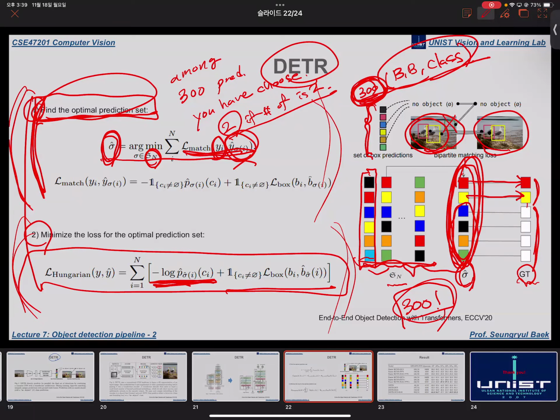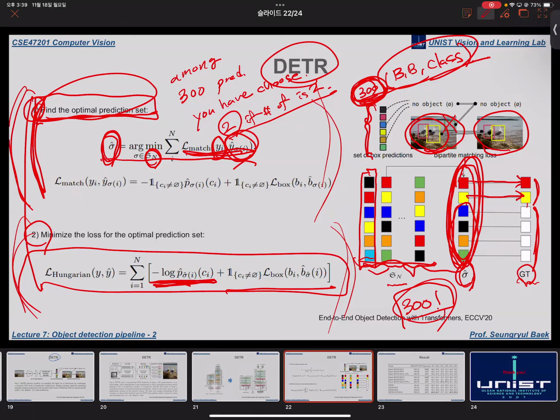But what actually happens during training is you choose the selected predictions that best match your ground truth. Among 300, you select 2 that best match your 2 ground truths. If you have more than 2, then you can select more than 2. That number is the number of ground truths, and then you apply these losses to those selected predictions.